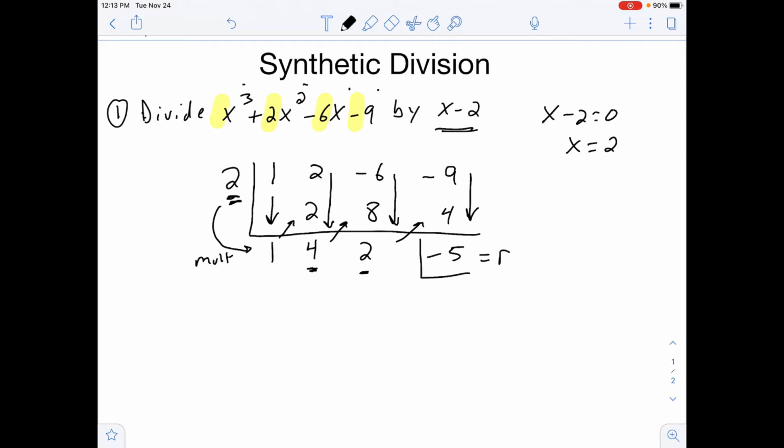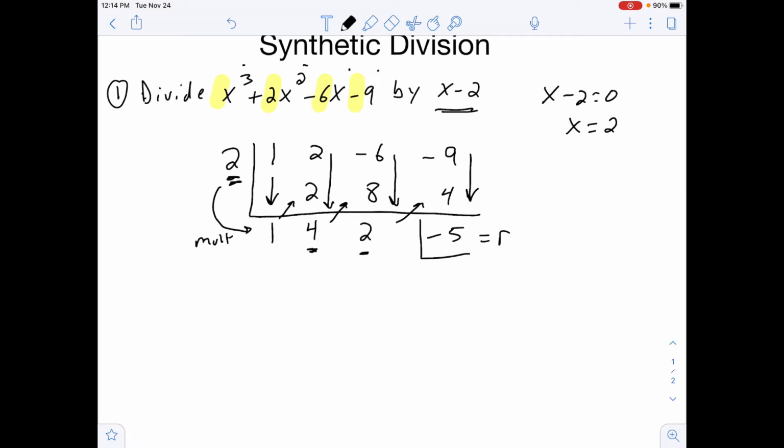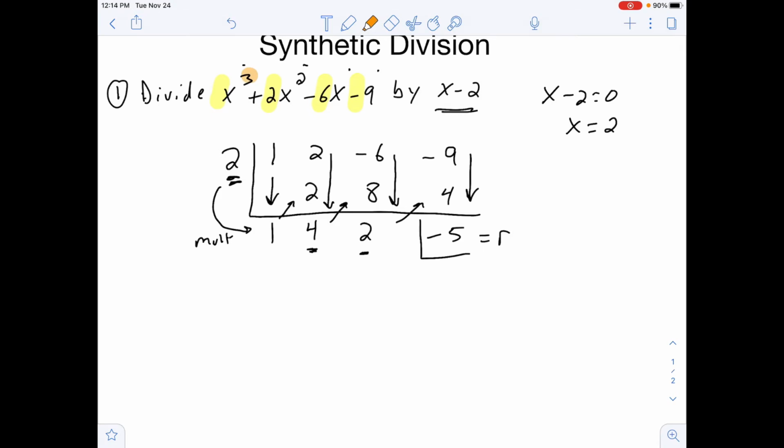All right, so how does that help us? Because all you have is a bunch of numbers, and we started off with a polynomial and dividing it by some linear expression. Well, if I take something to the third power and divide it by the first power, doesn't that knock it down to an x squared? And that's exactly what we have.